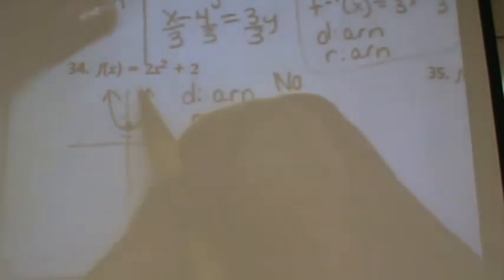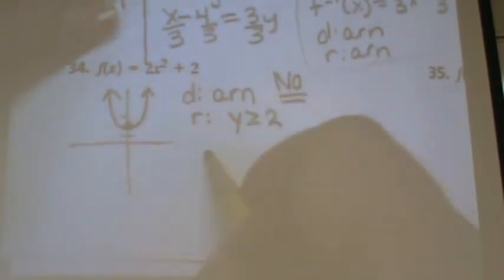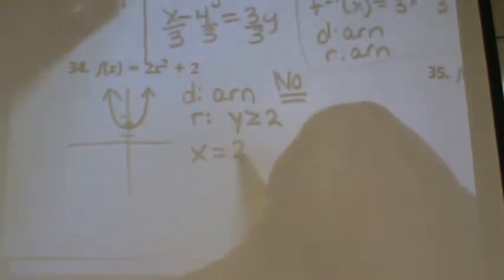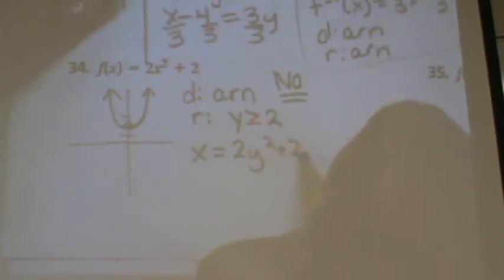Now how do you find the inverse? Instead of y equals, you're going to write x equals 2y squared plus 2. We have to resolve this for y. We're going to subtract 2. We're going to divide everything by 2. So you have 1/2 x minus 1 equals y squared.